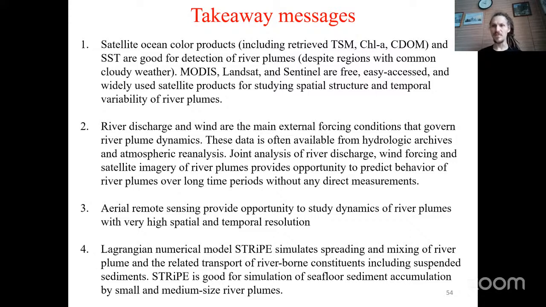It also prevents transport of fine sediments in the surface layer, because this interaction decreases the dynamics in the plume. So estuarine rivers, I think, transport fine sediments within the plume over longer distances from the river mouth than deltaic rivers.